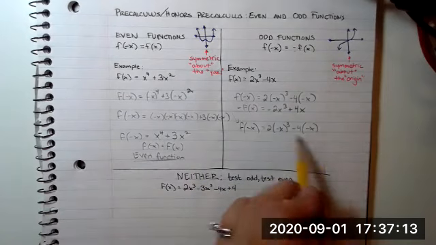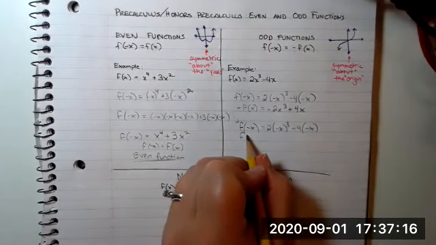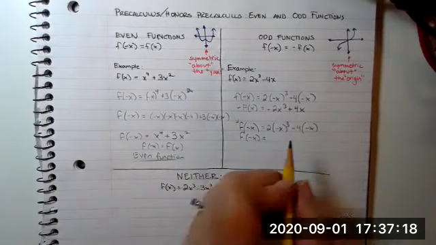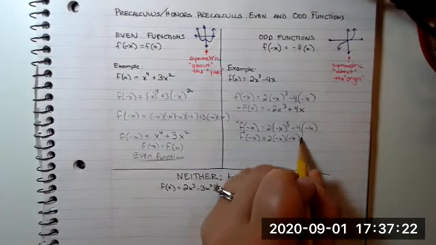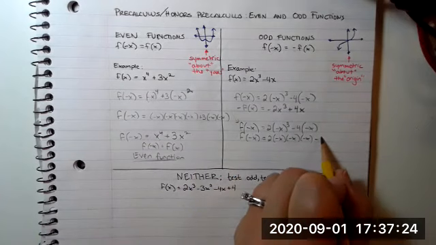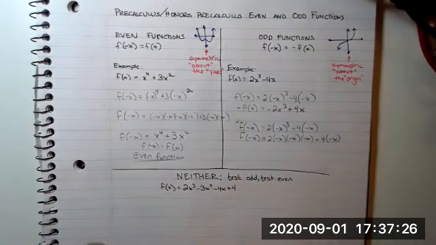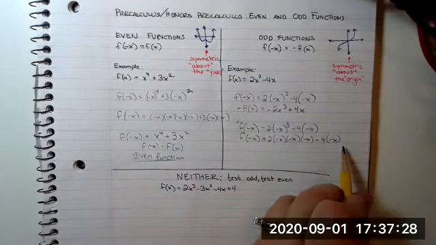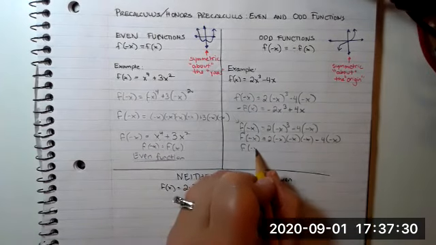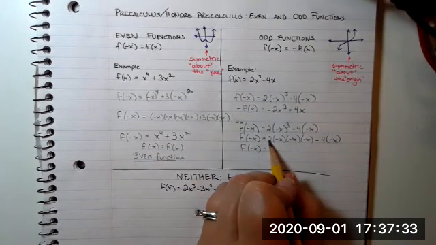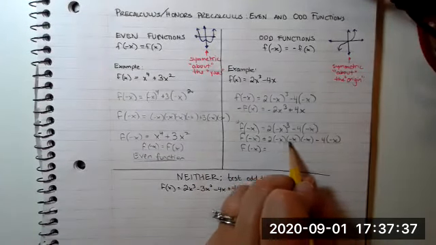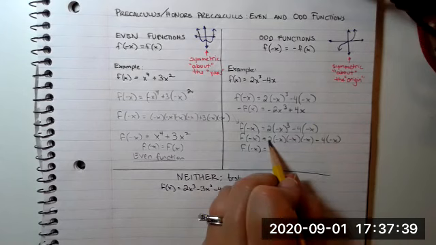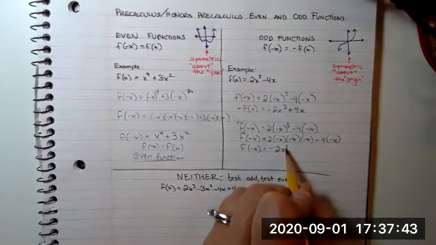All right, so let's write this out. F of negative x is equal to 2 times negative x times negative x times negative x minus 4 times negative x. So if we simplify this, f of negative x, we have 2 times negative times negative times negative. So this is going to result in being negative x cubed. So 2 times negative x cubed is going to be negative 2x cubed.